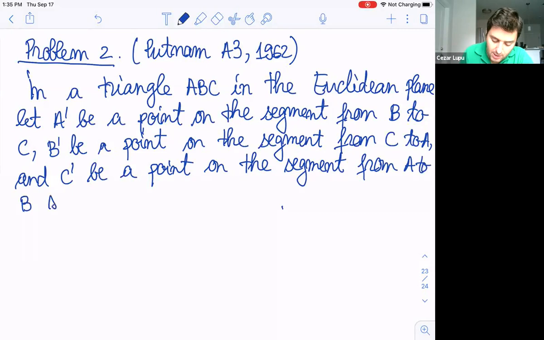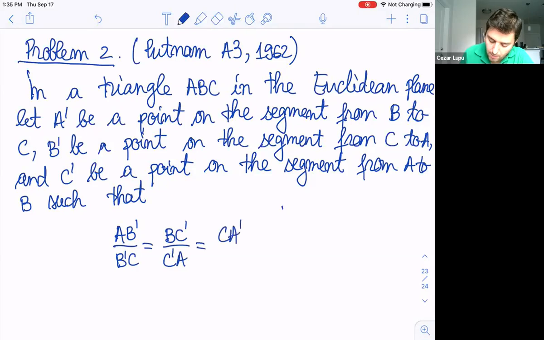Okay, such that something happens here. AB prime over B prime C is the same as BC prime over C prime A, and CA prime over A prime B is K, where K is a positive constant.